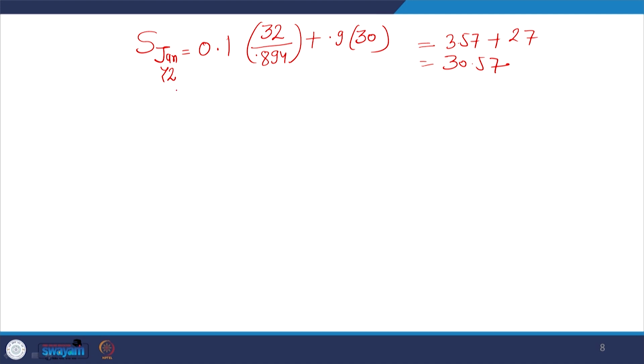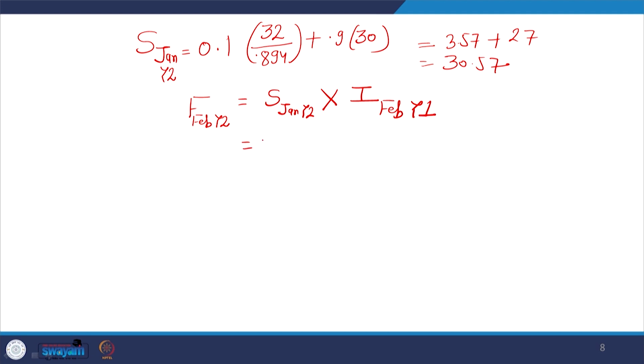Now, with the help of S January Y2, if I want to forecast F February Y2, this will be S January Y2 multiplied by I of February Y1.